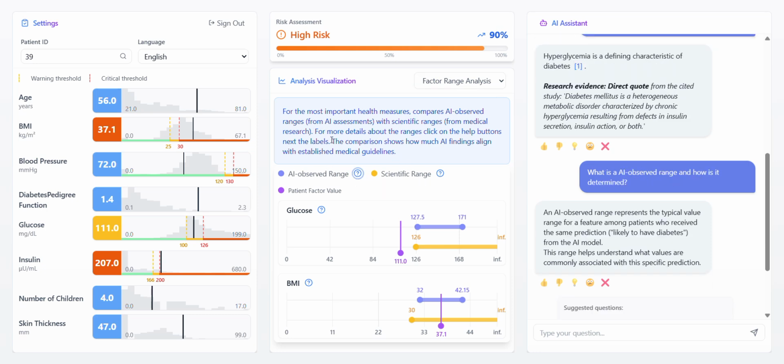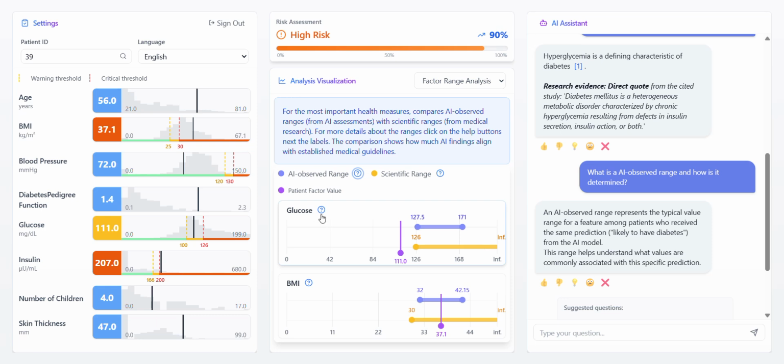Basically, AI observed ranges are from the AI assessments, and the scientific ranges are extracted from the medical papers or guidelines. The overlap between these two ranges shows us that the AI predictions or assessment is in line with the scientific ranges or guidelines.